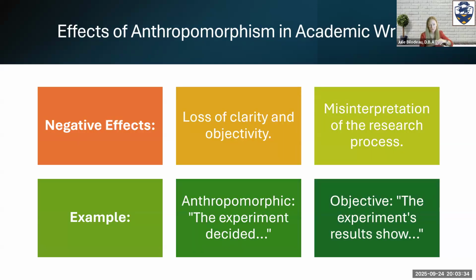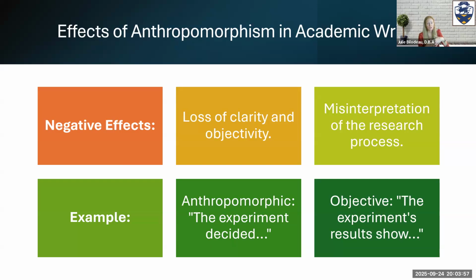All right, so effects of anthropomorphism. As I mentioned on the first slide, you want to have a sense of clarity throughout all of your work. That's really important in dissertation writing, in any assignments, and in article writing. Through anthropomorphism, you do lose some clarity and objectivity.